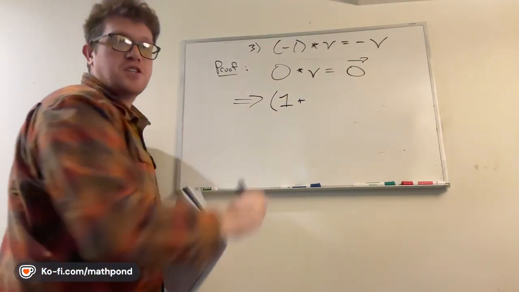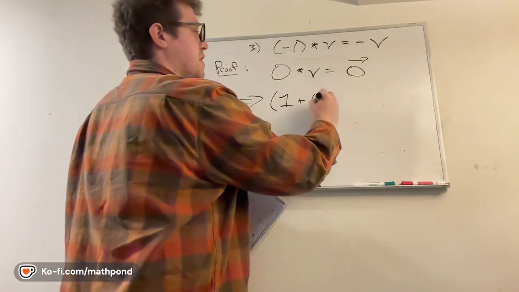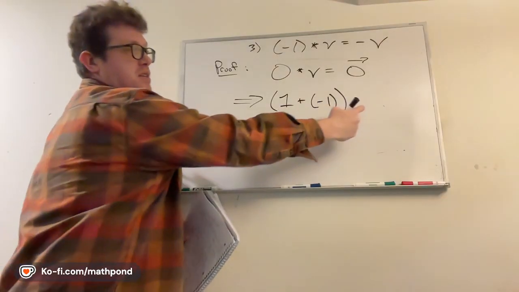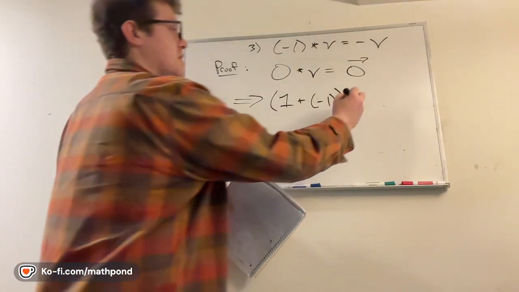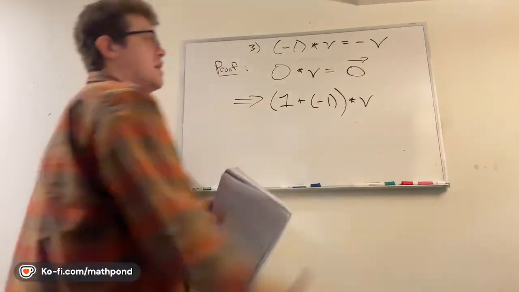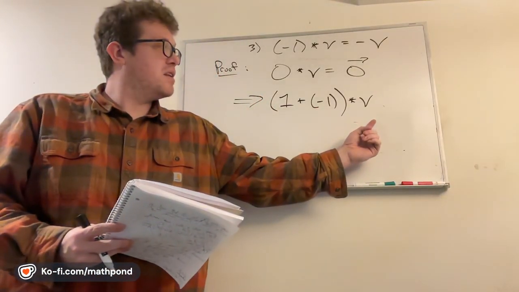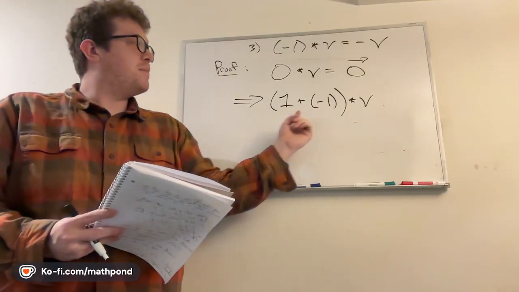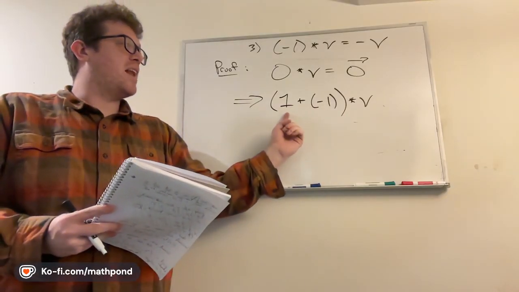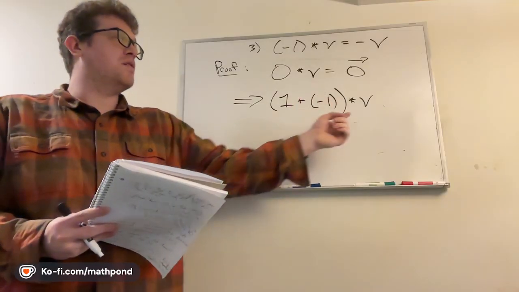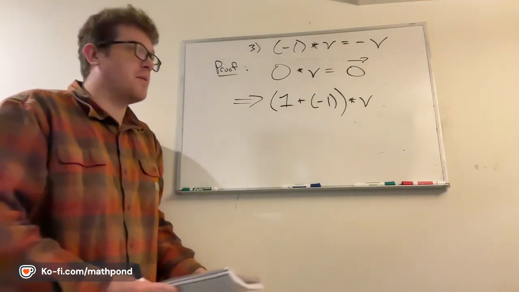And the intuition here is that we're adding the inverse of 1 here because we want to use the distributive property and figure out what -1 times v is. So we kind of artificially created a -1 right here by writing 1 plus -1 equal to 0. So now we have a -1v once we use the distributive property.